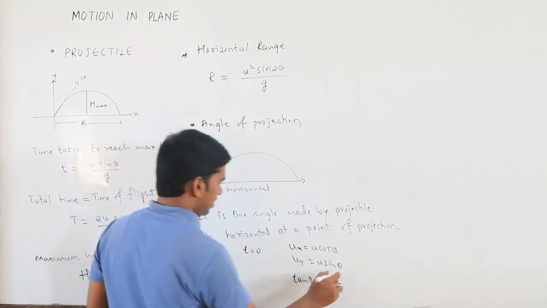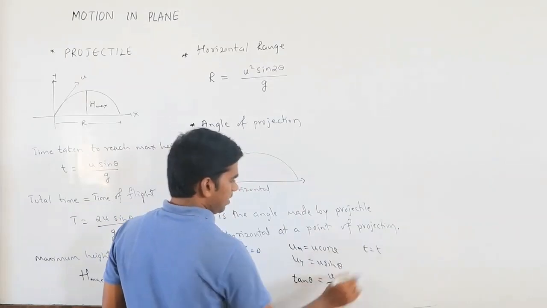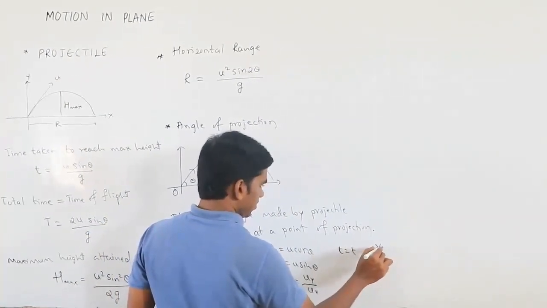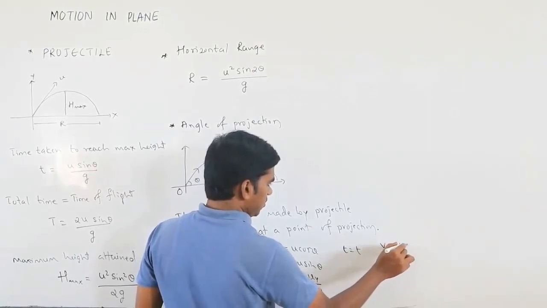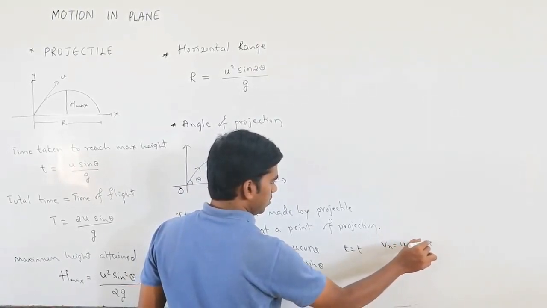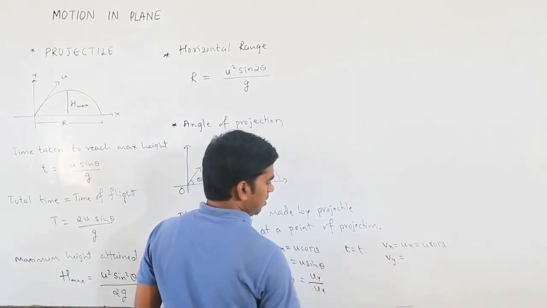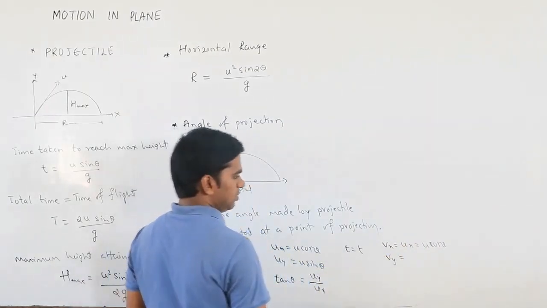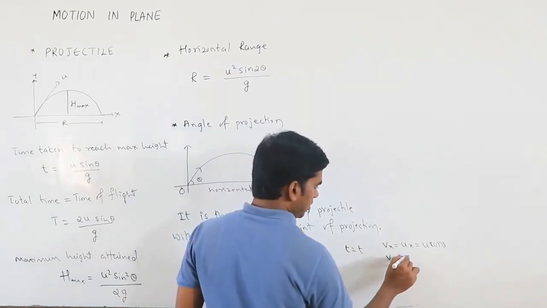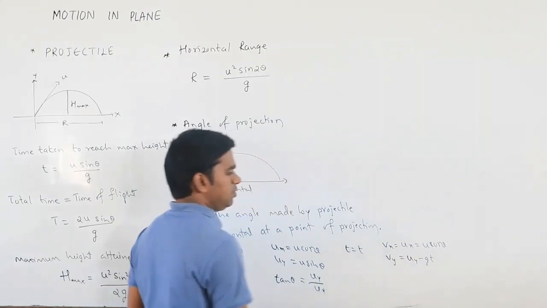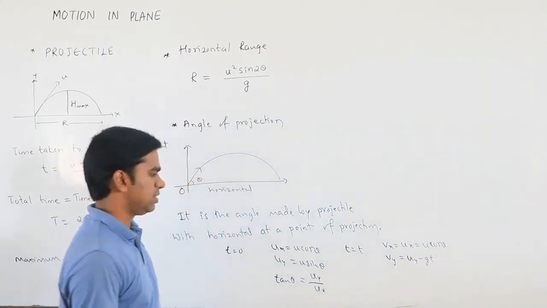Or if you want it at time t equals t, what will happen? vx equals ux, which is u cos theta only. What about vy? You will get a different value: uy minus gt.